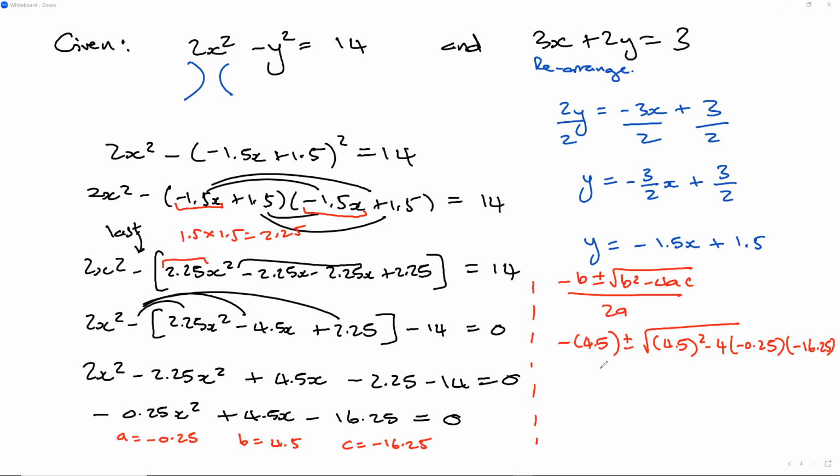All right, let's not forget we're dividing by 2a, so I've got to divide this by 2 times negative 0.25. Now there's a lot of decimals happening over here, so we would try and do this in stages.